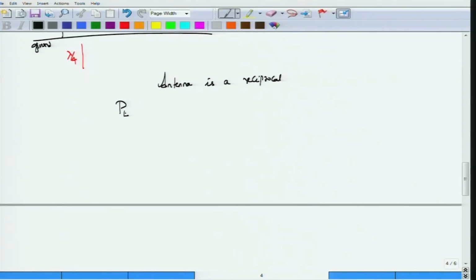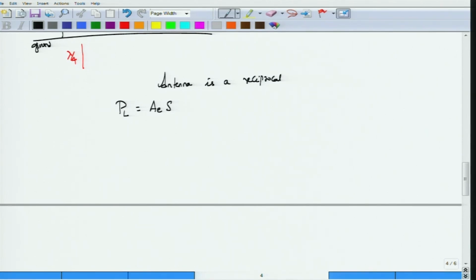Okay. So, this effective aperture area of an antenna is described by looking at the power that it is absorbing, assuming that the antenna is excited by a plane wave of power density S, then its capturing ability is captured by the effective area or aperture area AE.